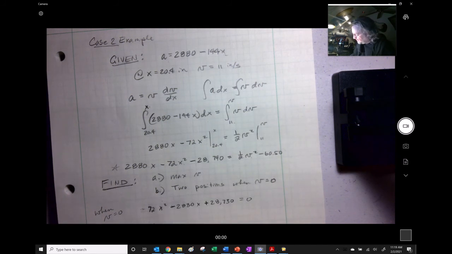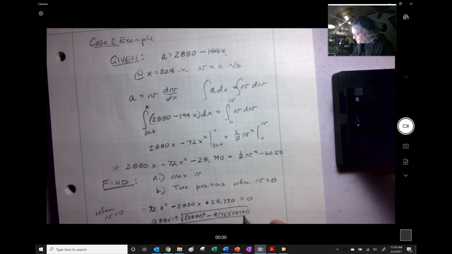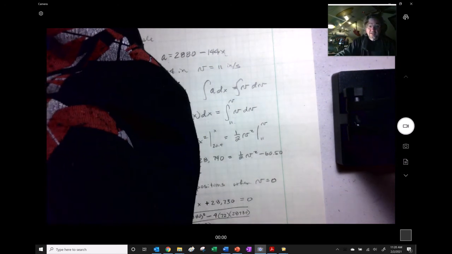So I'm going to have negative b, so 2880, plus or minus the square root of b squared, 2880 squared, minus 4ac, 72, 28,730. Hopefully that doesn't become negative inside here, or we get some issues. And that's divided by 2 times our 72.